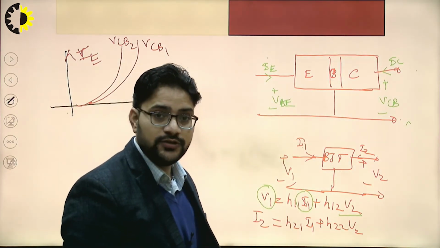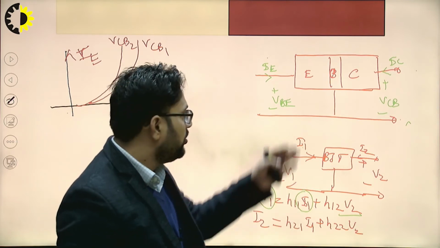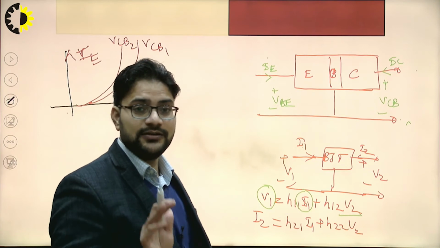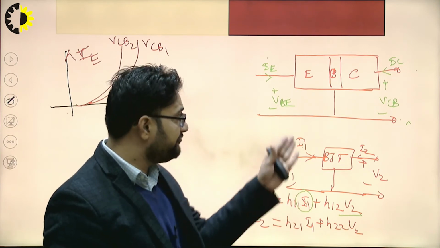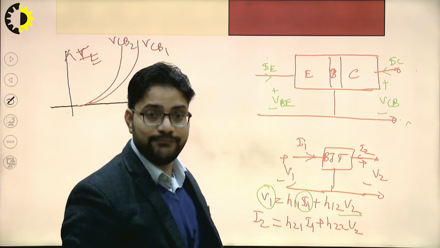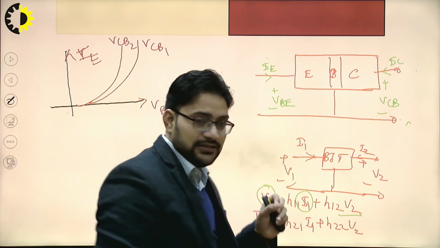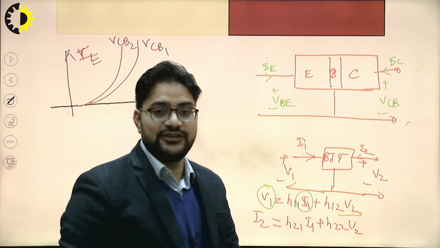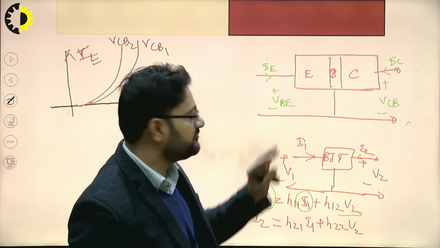Why is it so? Because the doping concentration of the base side is less than that of the collector side, so the depletion width will penetrate more into the base region. This causes the effective base width to reduce.